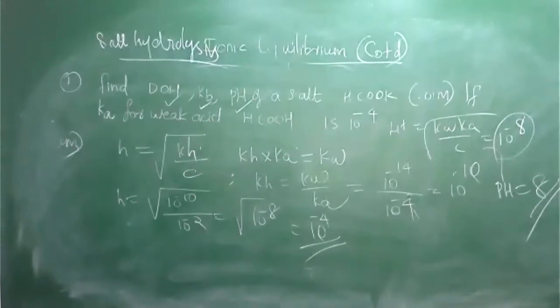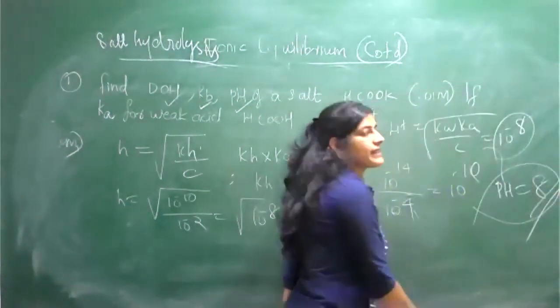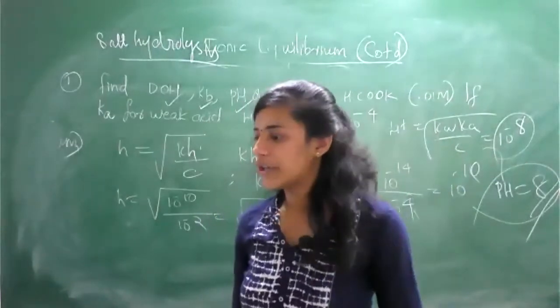During the derivation I mentioned that in the case of a weak acid condition, the solution becomes basic. You missed this thing. So we proved that the given solution is basic in nature. That's why pH is equal to 8.